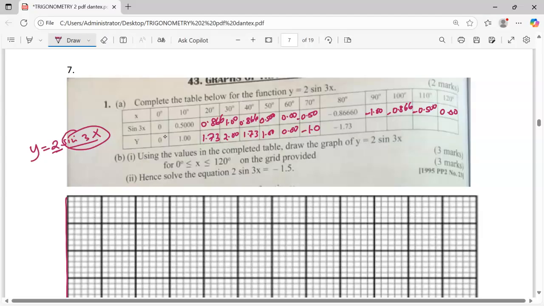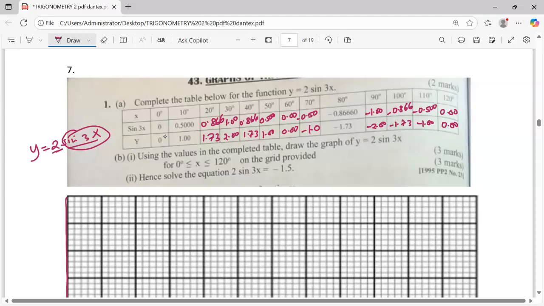Next is negative 1.00 times 2, which is negative 2.00. Next, we are going to have negative 1.73. Next, we are going to have negative 1.00. And lastly, we are going to have 0.00. And by so doing, we have now completed filling that table.